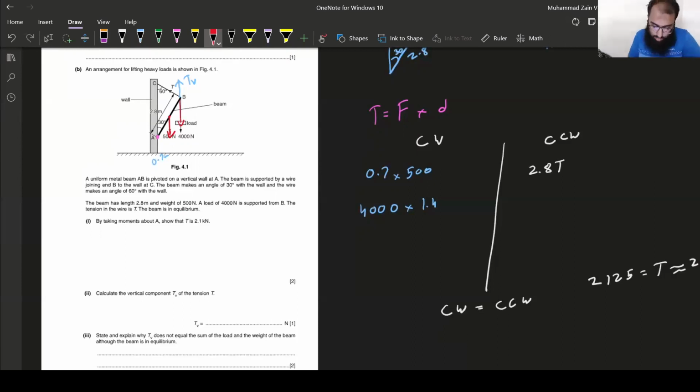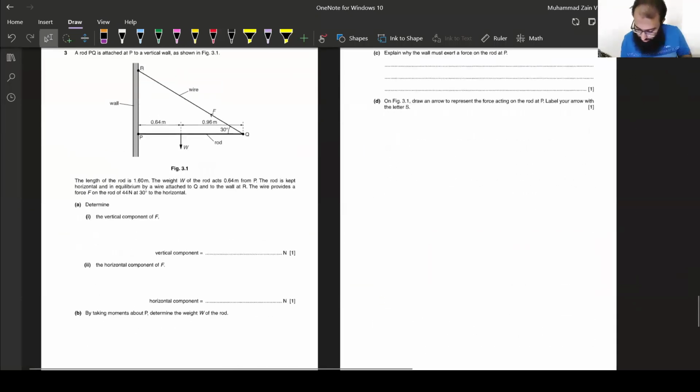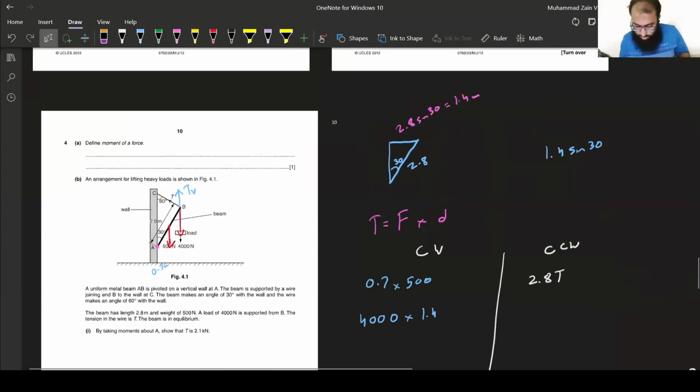The reason for that is something very simple: it's hinged at point A, so there's another downward force acting at point A, so TV must also be equal to that force as well. So that will be the answer for it. I hope this all is clear. Try doing this question yourself.